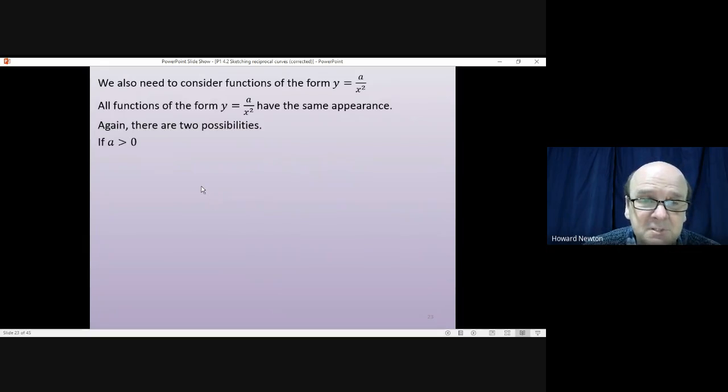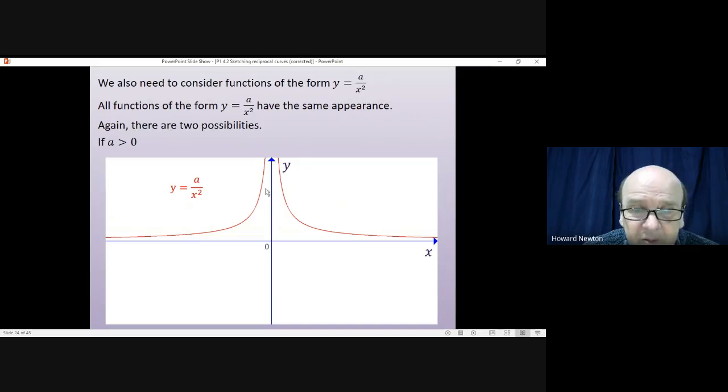If a is positive, then the function will look something like this, similar to what we had before, except this negative part has reflected upwards because x squared gives you a positive value. So 1 over x squared, 2 over x squared, 3 over x squared, they would all have that general shape. What about if a is negative? Well, same as before.